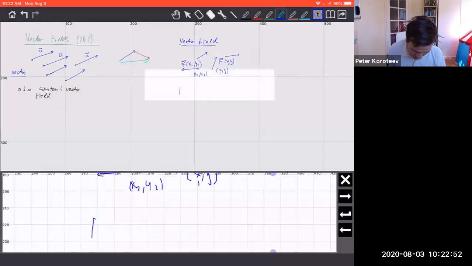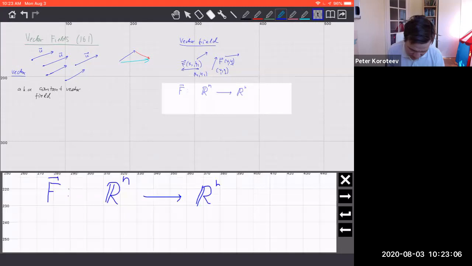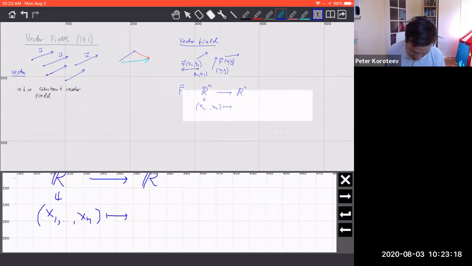Which does the following. So it's a vector field f. You should think of it as a map from, let me formulate it in generality for n-dimensional Euclidean space, from Rn to Rn, but these Rn's are treated differently. The first Rn is treated as a set of points, and the second one is treated as a vector function.